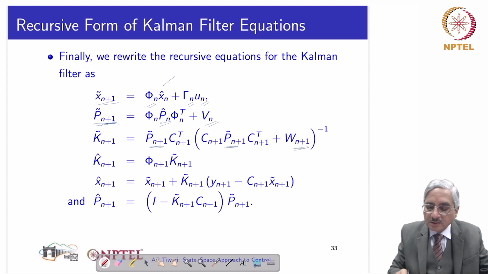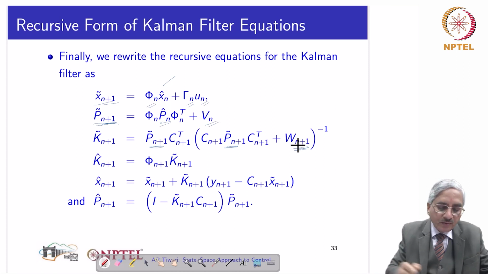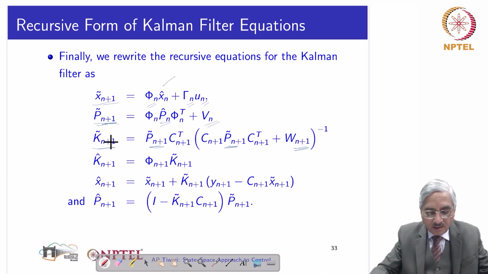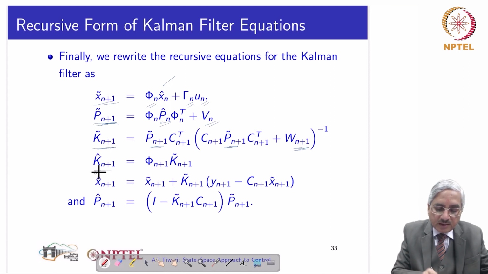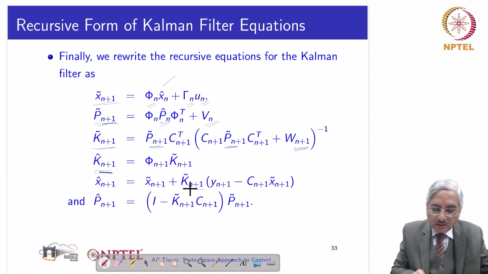Now using this, and using the knowledge of input noise, the probabilistic information about the input noise, we calculate the Kalman gain Kn plus 1, using which we calculate K hat, the optimal Kalman gain, and using the Kalman gain we calculate the corrected state.